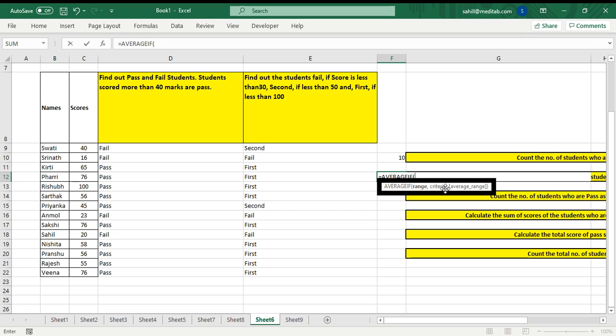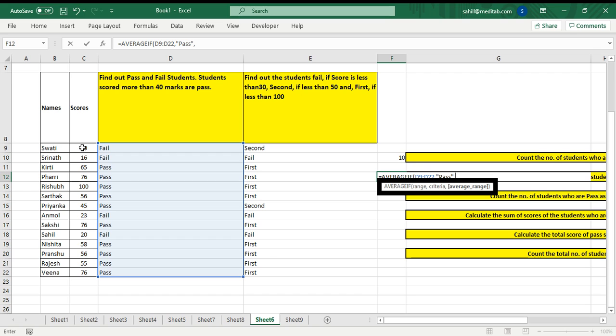I'm opening this. It is asking me for range and criteria. I'm selecting this range. The criteria should be pass. Then it is asking me for the average range, so on what column we need to perform the operation.